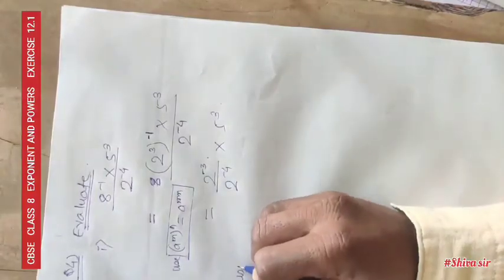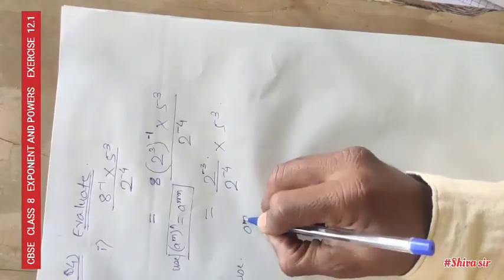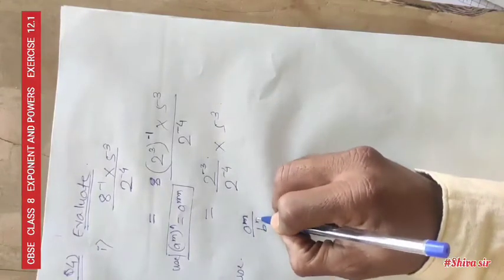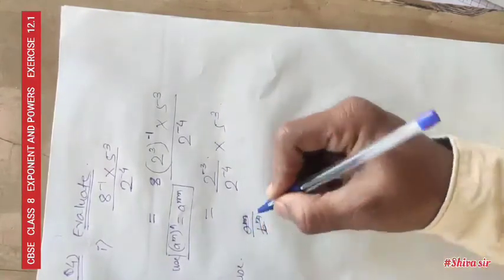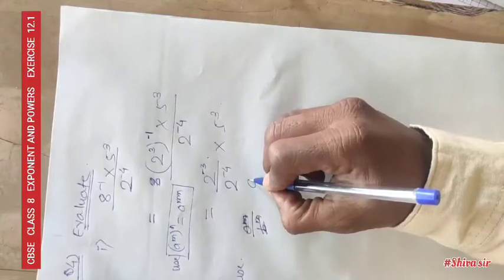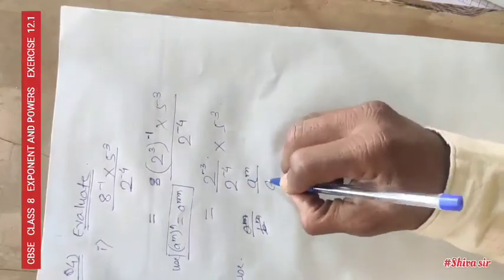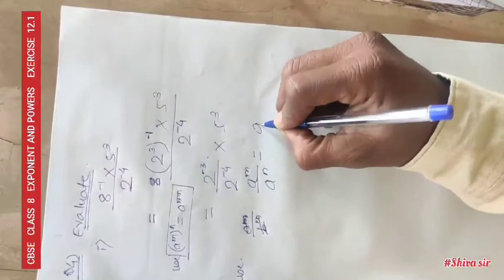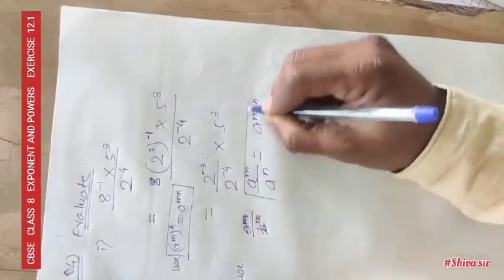So here we use the formulation a raised to the power m upon a raised to the power n is equal to a raised to the power m minus n.